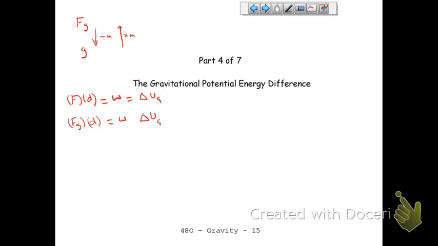So I have FG, I have G. If I multiply by D, I get delta UG. Yep.